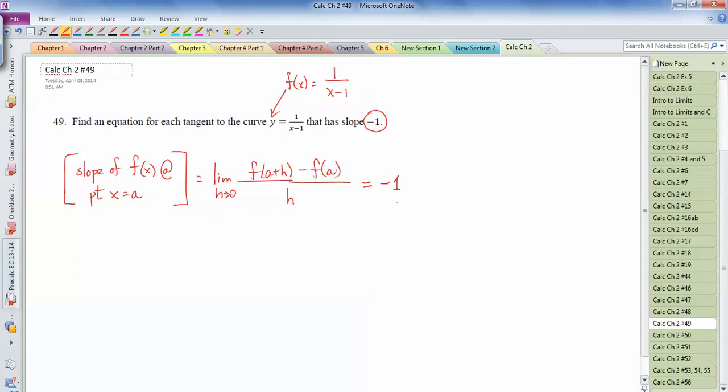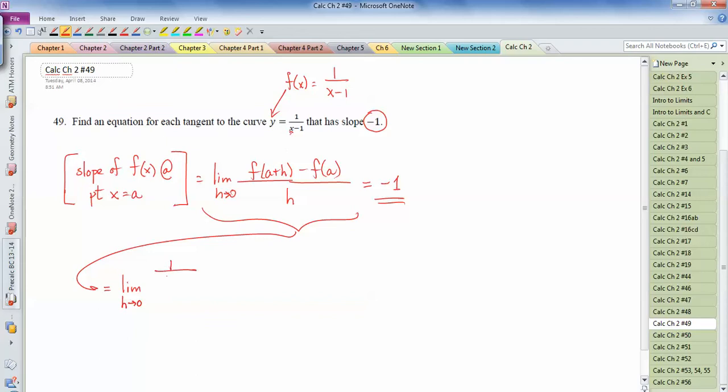So let's work out this side here, and at the end we'll set it back equal to negative 1. So this part equals the limit as h goes to 0 of, and f of a plus h is plugging in a plus h for x.